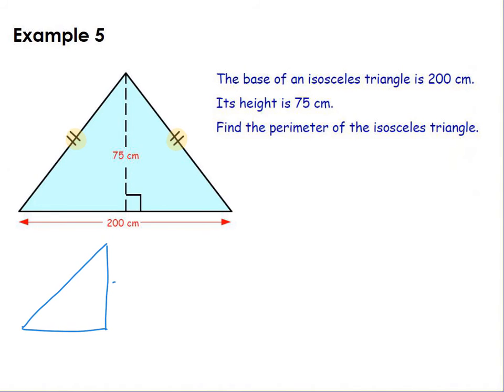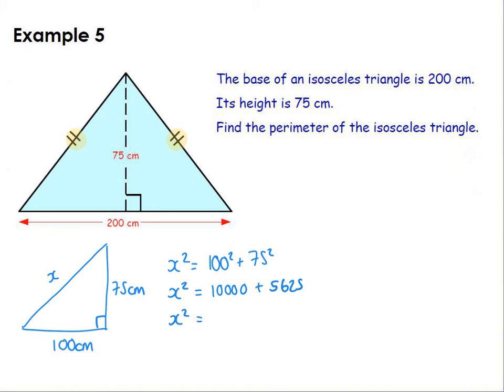Now, that is 75 centimetres, and an isosceles triangle is cut right down the middle there. So the bottom length, the base of the triangle, must be 100 centimetres. And I'm going to just call this side x. So x squared equals 100 squared plus 75 squared. That is 10,000 plus 75 squared is 5,625.